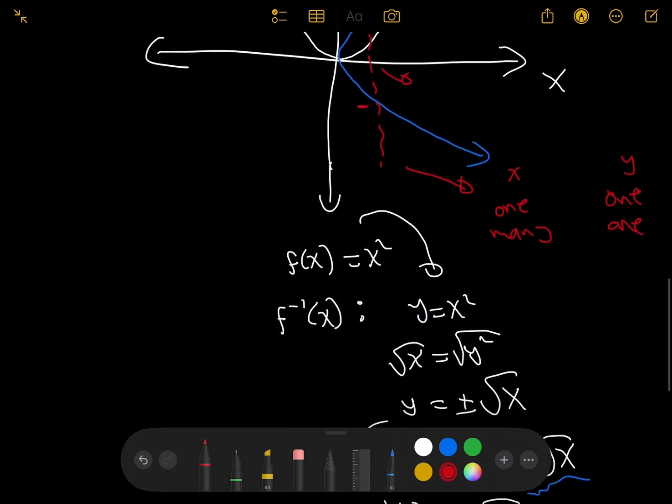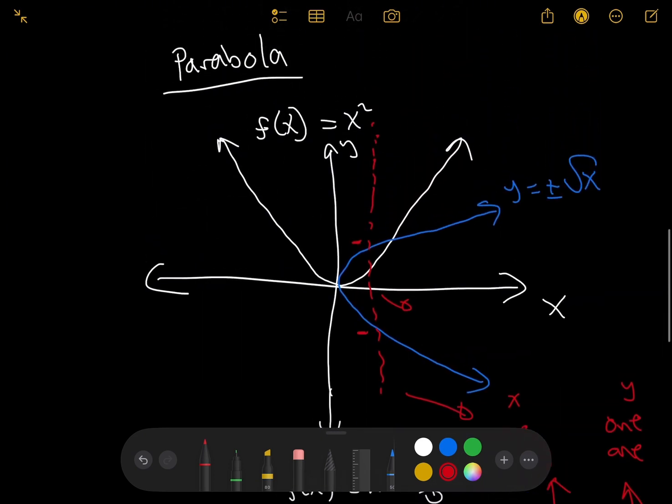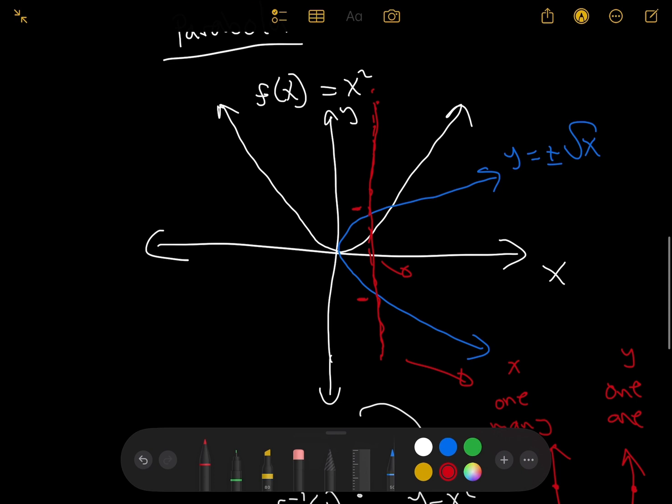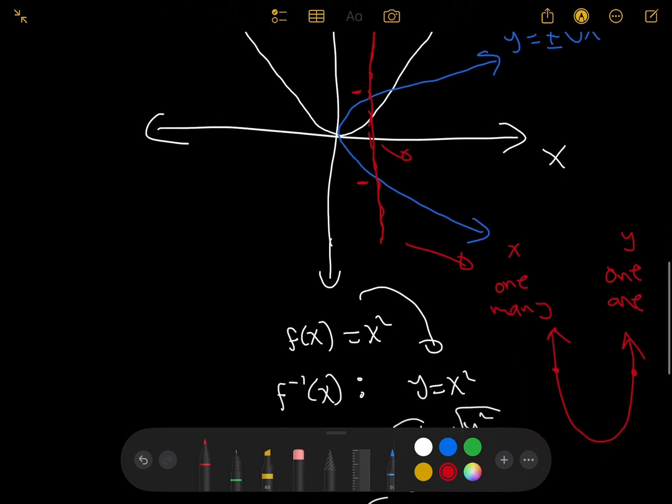But a graph like this is a function, since right here and right here we can have the same y value for different x values. But here, using the vertical line test, it doesn't touch one point, it touches two points. Therefore, the graph is not a function.